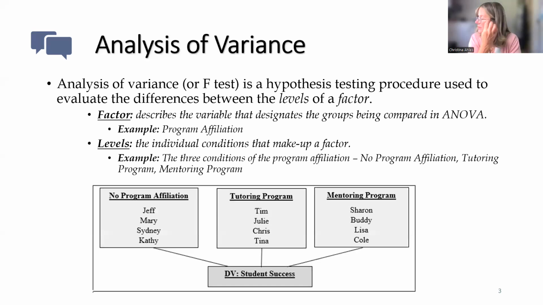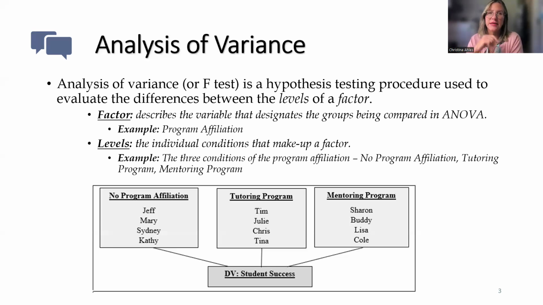So here's kind of how this looks. With ANOVA, often there isn't always a true independent variable, and there might be more than one independent variable. So they have created these terms so that we're not having to distinguish between independent variable and quasi-independent variable and those types of things. They use the term factor, and that basically is the variable that designates the groups that are being compared.